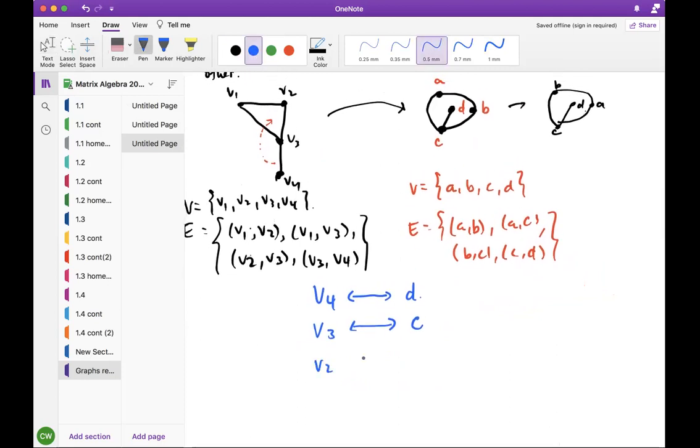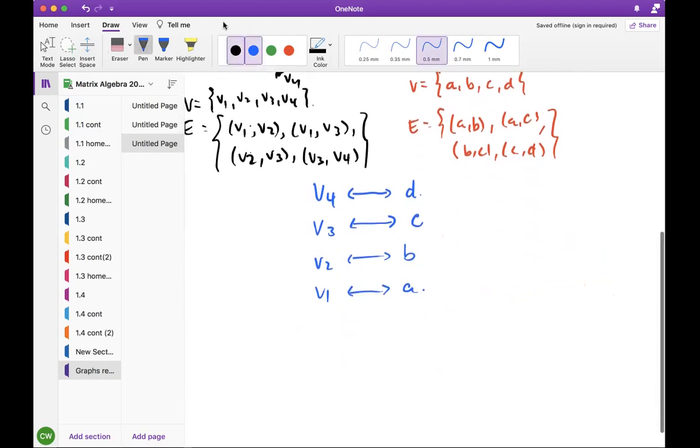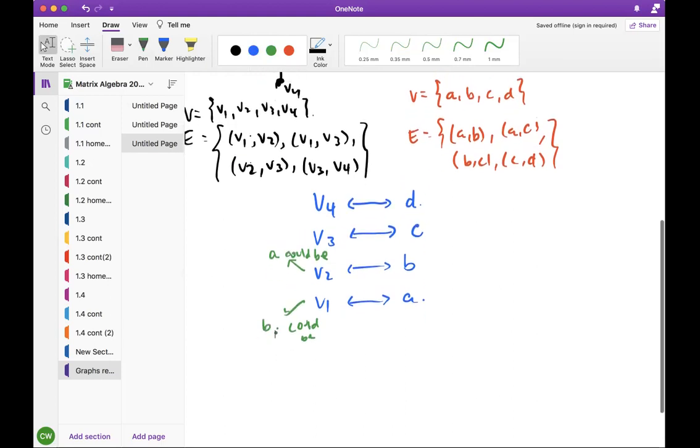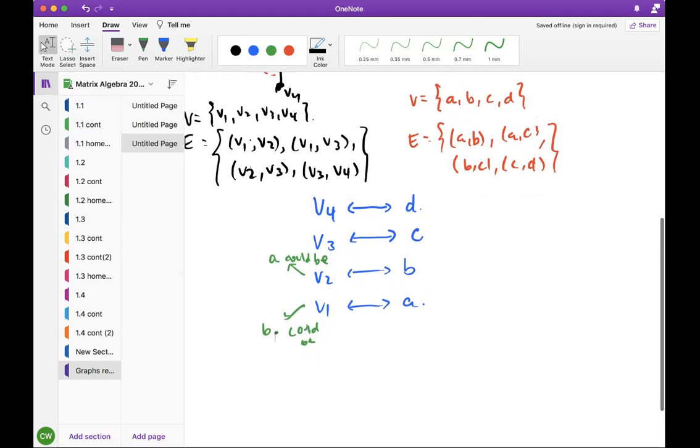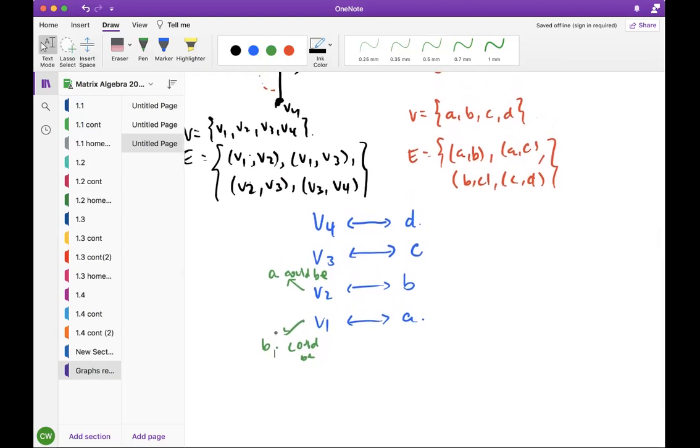So V2, we can just choose to be matched with B, and V1 can be matched with A. And just to note, V2 could be matched with A, and V1 could be matched with B. So there's maybe another isomorphism that you can create, but the fact that you can create one, so the isomorphism is this kind of correspondence between edges and vertices. There's more than one that you could make, but the fact that you can make one implies the graphs are isomorphic.